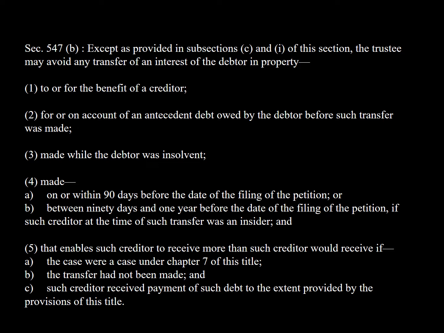That the transfer was to the benefit of a creditor, that it was made on account of an antecedent debt, that the debtor was insolvent, there's a presumption, and that the creditor got more than if a case had been filed under Chapter 7. Why? Because the creditor typically gets 100 cents on the dollar. If there had been a Chapter 7 bankruptcy and the debtor is insolvent, obviously the creditor would have been paid less.